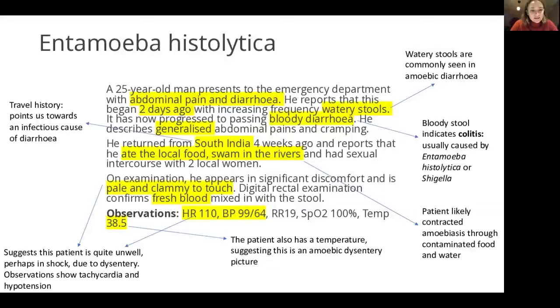When you see this man, he's pale and clammy, his blood pressure has dropped to 99/64, and he's a bit tachycardic. This can be caused by dysentery, especially if there's significant blood loss in the stool. And again, there's a temperature, which points us further towards an infectious cause rather than an inflammatory cause.